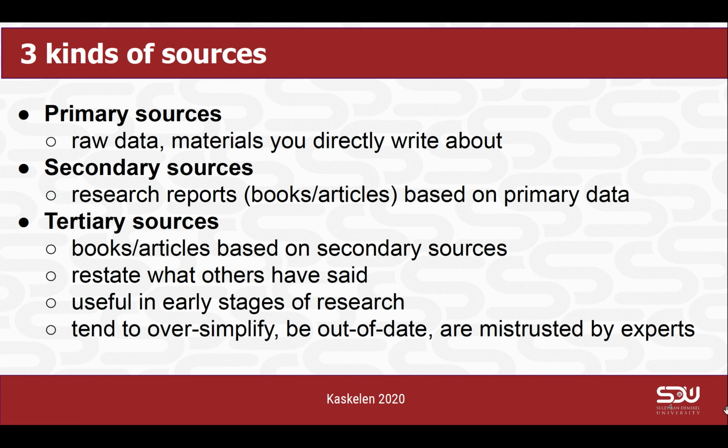Okay. Another risk of using tertiary sources is that they tend to be out of date. Research, especially in some fields like computer science and even education, moves on quite quickly, and there are new research articles and books published nearly every month, and so tertiary sources that summarize those things just do not always keep up, right?